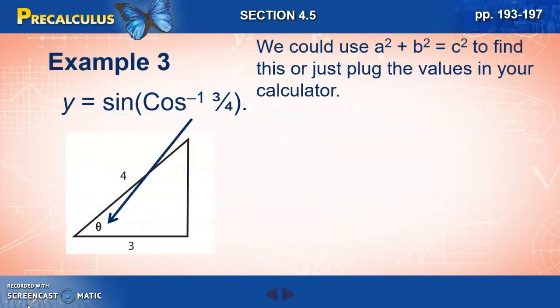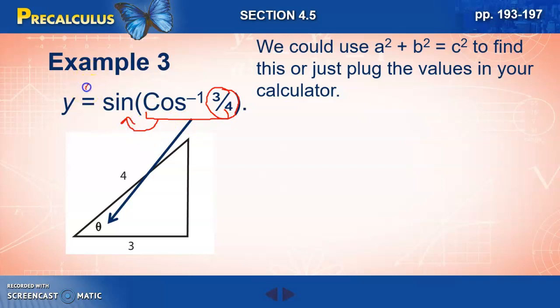What about when we're trying to find the inverse cosine function for a value that is not on the unit circle? Well, this is where the Pythagorean theorem can come into play. When we look at this, we're trying to find two different things. We need to start with the innermost piece and work our way out.